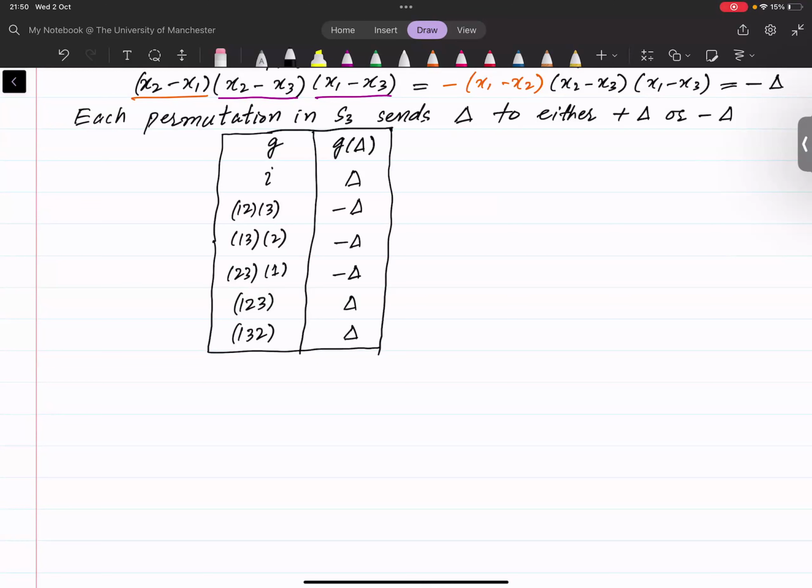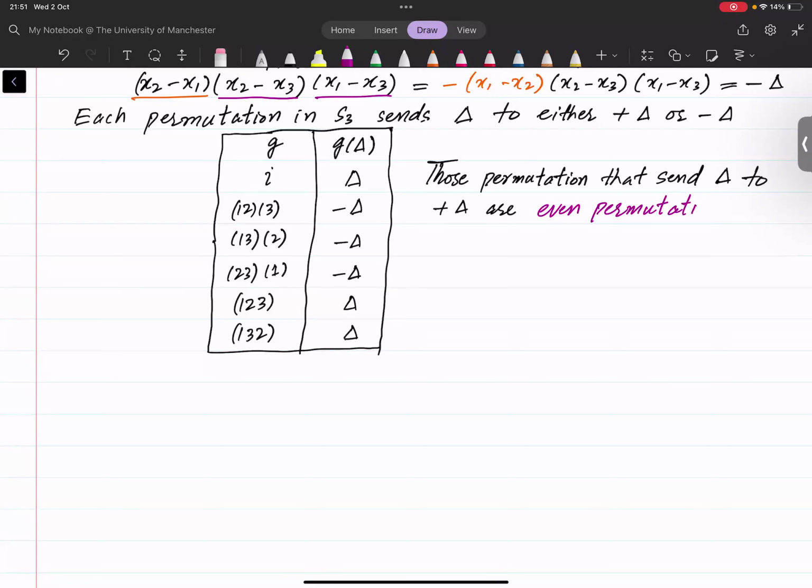So we shall call those permutations that send delta to plus delta even permutations.